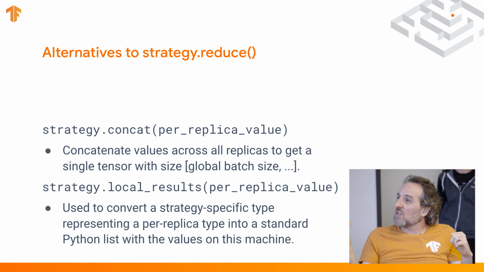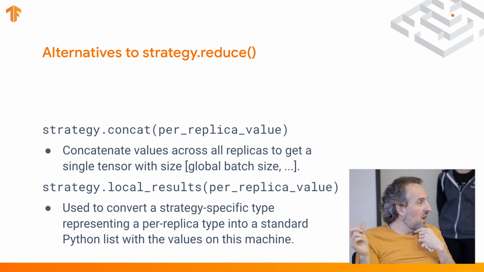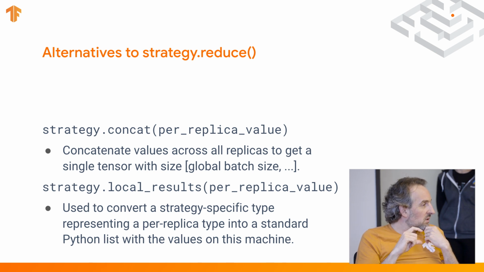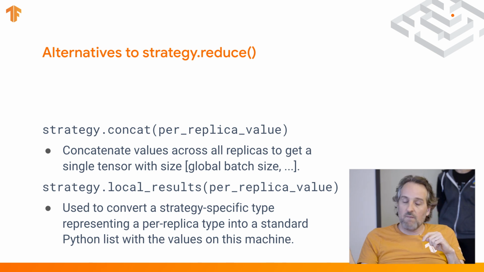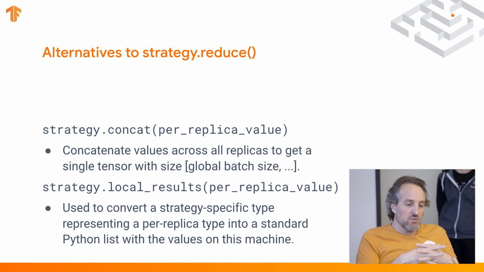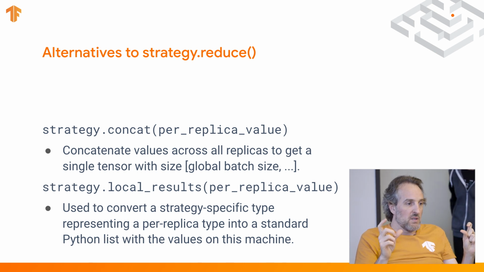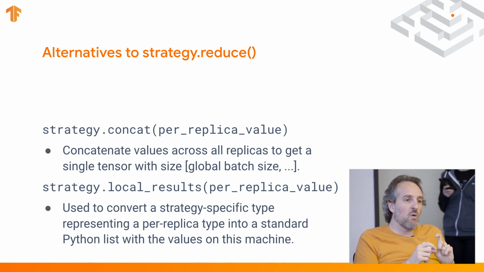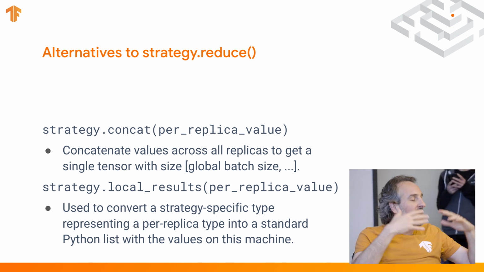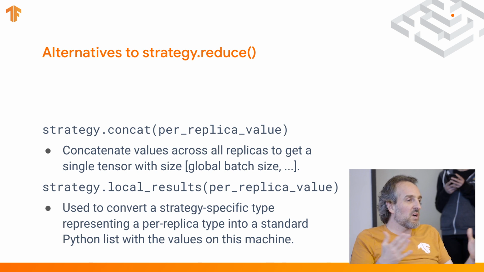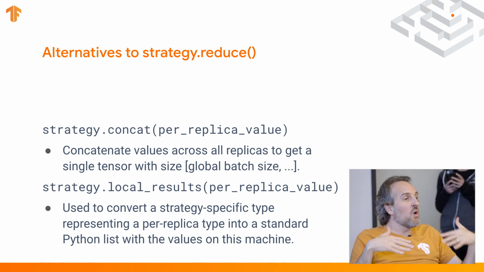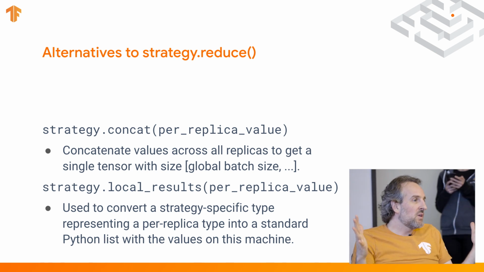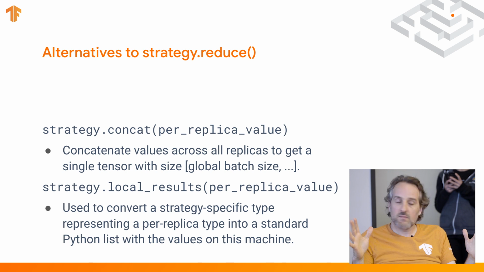You might also want to just get the results on this local worker, and that's really important if you were going to do some further computation, and you're in one of these between graph settings where you have multiple main loops, and you don't want 2 main loops using the data from any other worker.